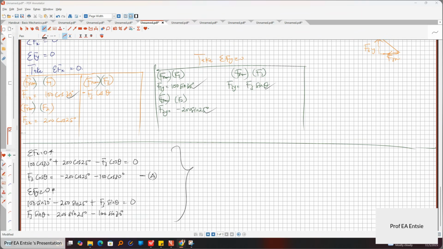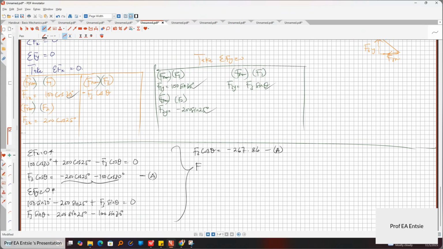You wait, the answer will be in. So F3 cos theta equals, I've punched this on the calculator and it's giving us negative 267.86. Of course, this is still our A.